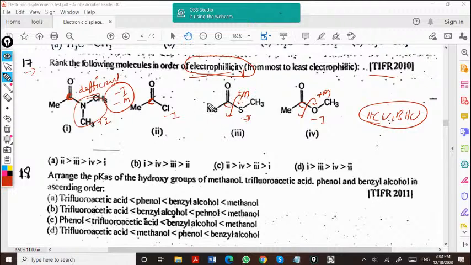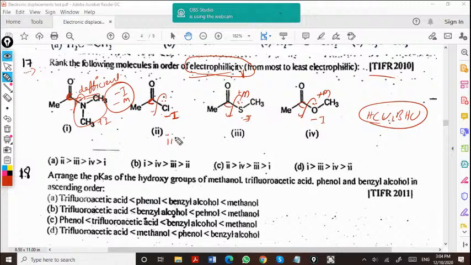So this is plus M, and this is also plus M. When it is a plus M group, it will decrease the electron deficiency on the carbon, so it will not be much electrophilic in nature. If all are giving plus M effect, among them the one with the strongest minus I will be most electrophilic. Chlorine is the highest electronegative atom among these, so it will be the most.